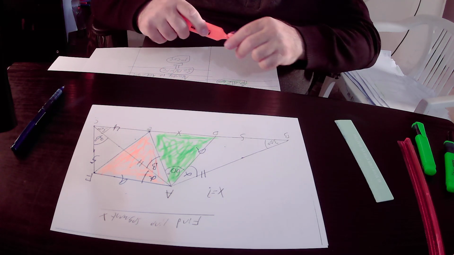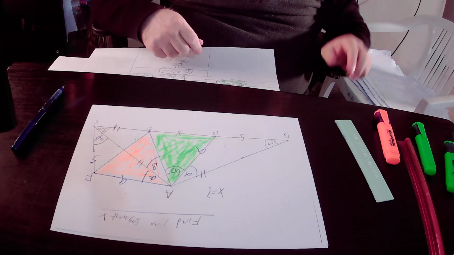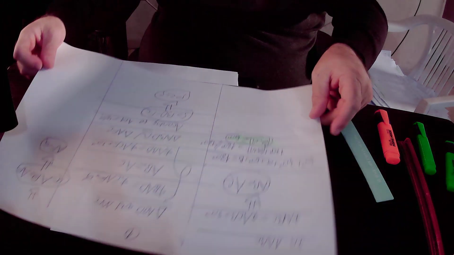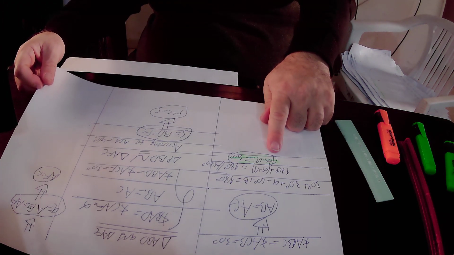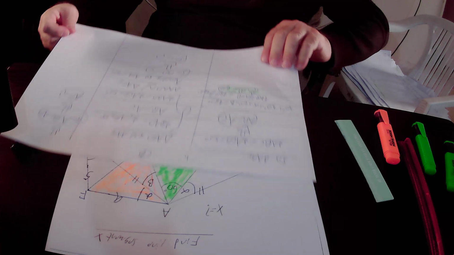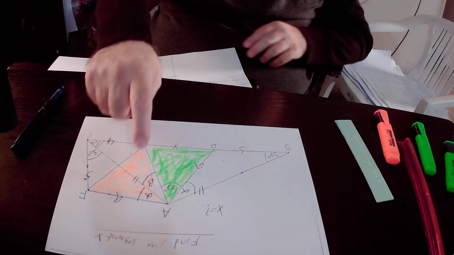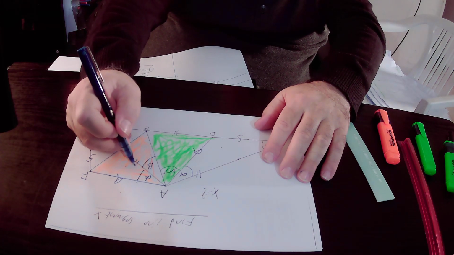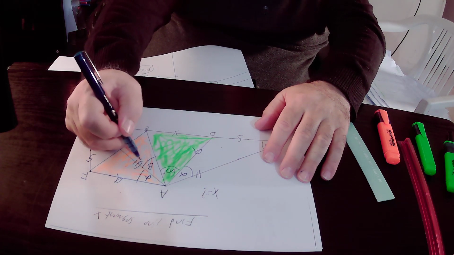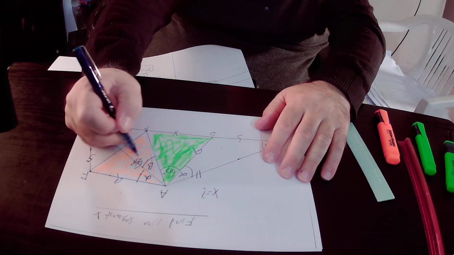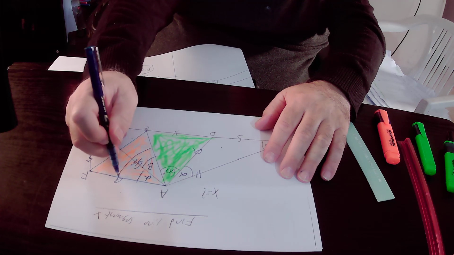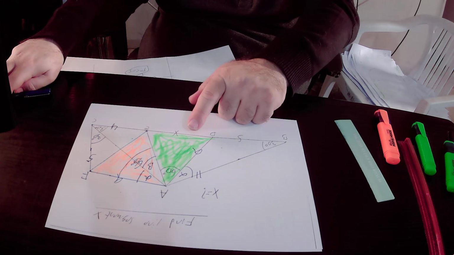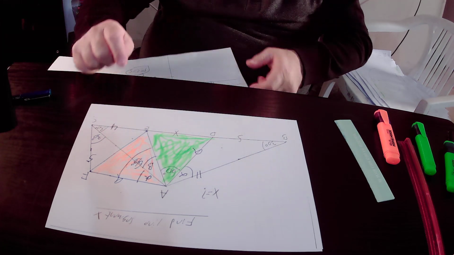Okay. But before that, we've already proved that alpha plus beta equals 60 degrees, therefore this angle alpha plus beta equals 60 degrees. So in the next step we will prove that the green triangle is congruent to the orange triangle.